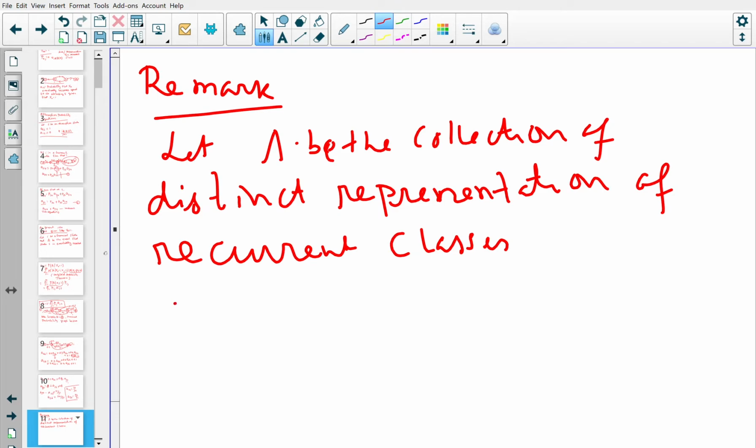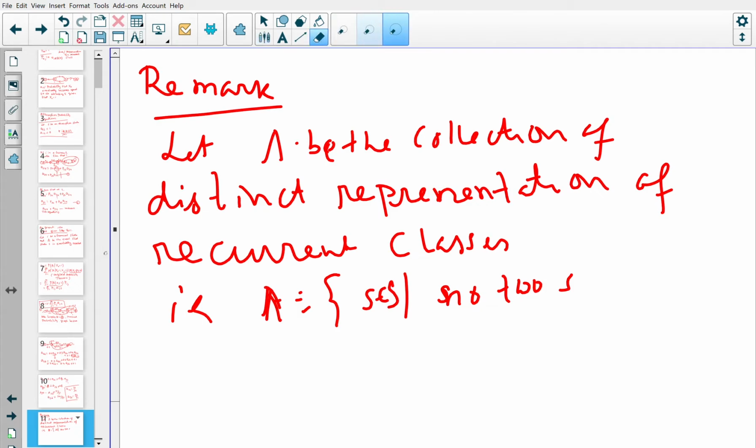That is, lambda collects all those s such that this is s, a collection of s inside the state space. Or rather, you can write it down mathematically like this.